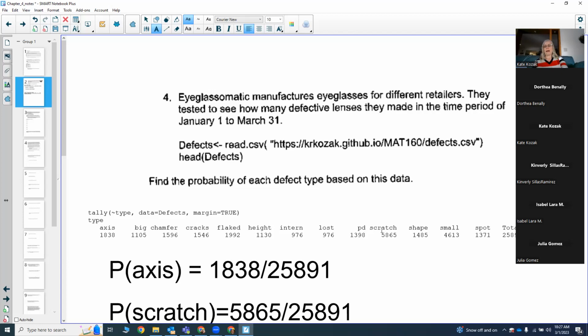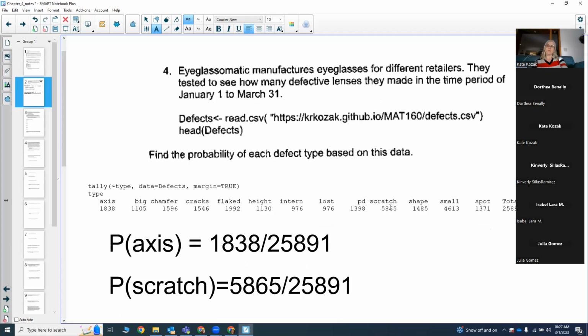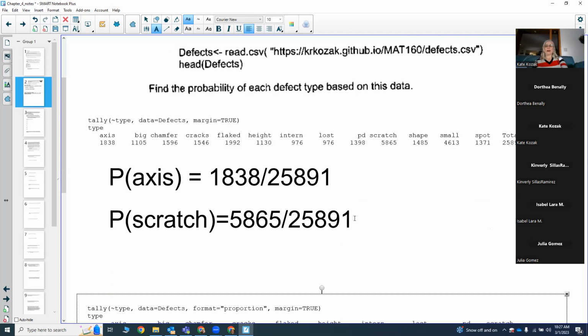And scratched is 1 out of those 13. So you would say, well, the probability of scratched would be 1 out of 13 if you did theoretical. However, I don't believe this number is 1 out of 13. In fact, I'm pretty sure it's not.